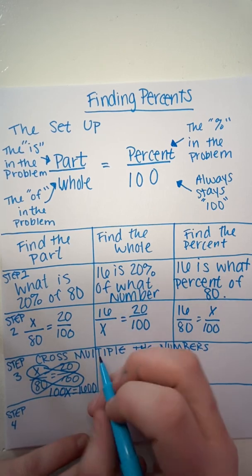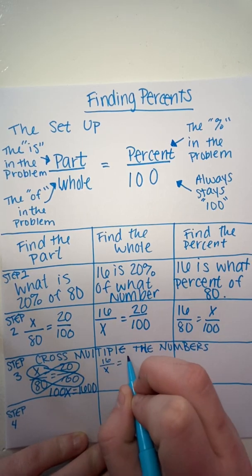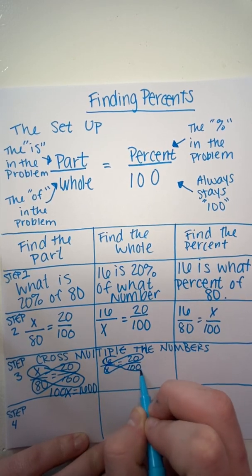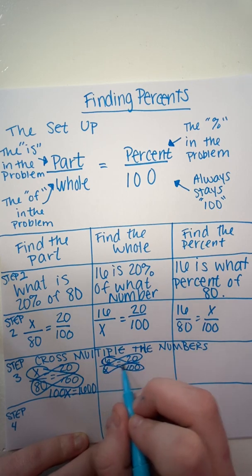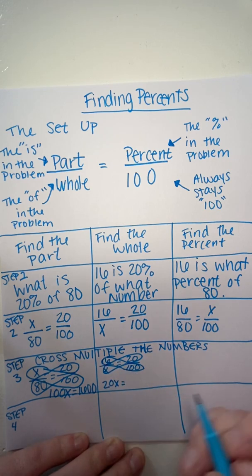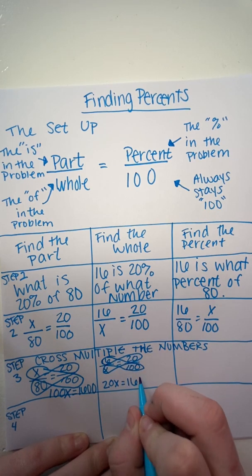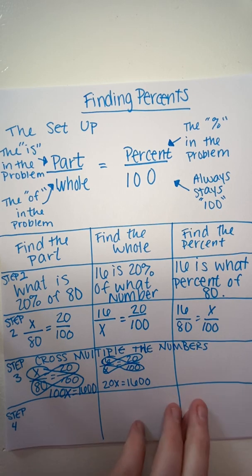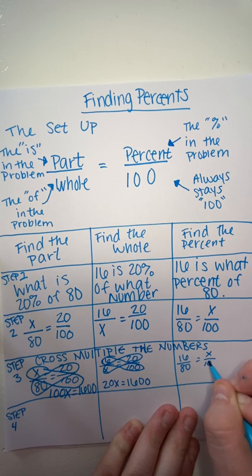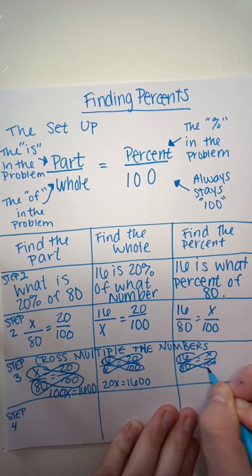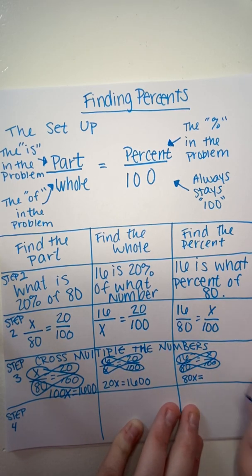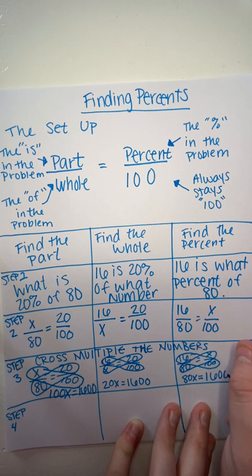Do the same thing to this one. x times 20 gives me 20x equals 16 times 100, which is again 1,600. And again on my last one, so now I have 80x equals 1,600.